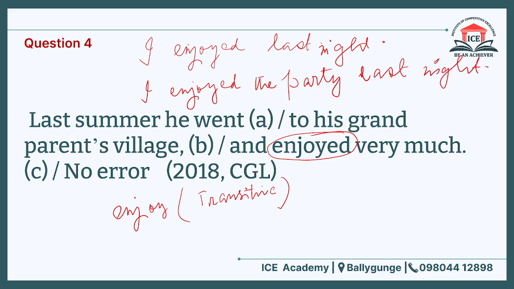Now, between these two sentences, the first sentence is incorrect, the next sentence is correct. Why? Because as I have said, enjoy is a transitive verb. So enjoyed should always be used with an object. And if the object is not given, then the sentence is incorrect.